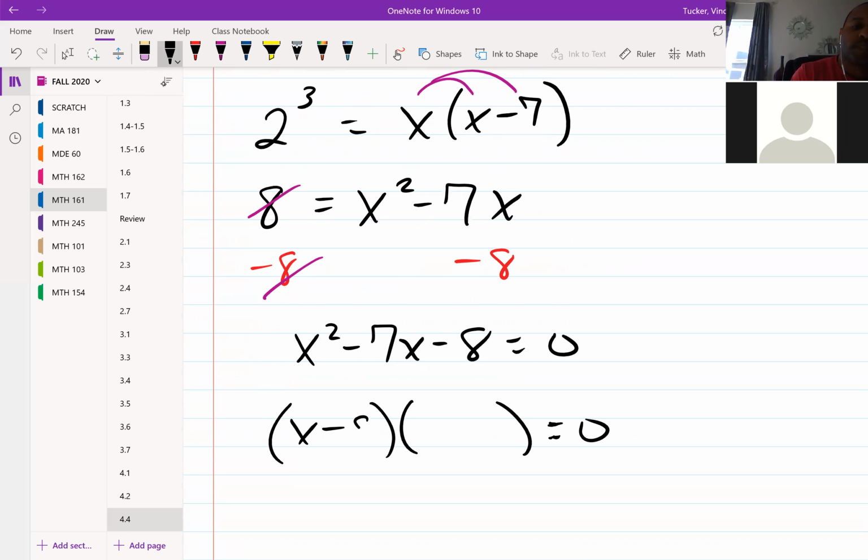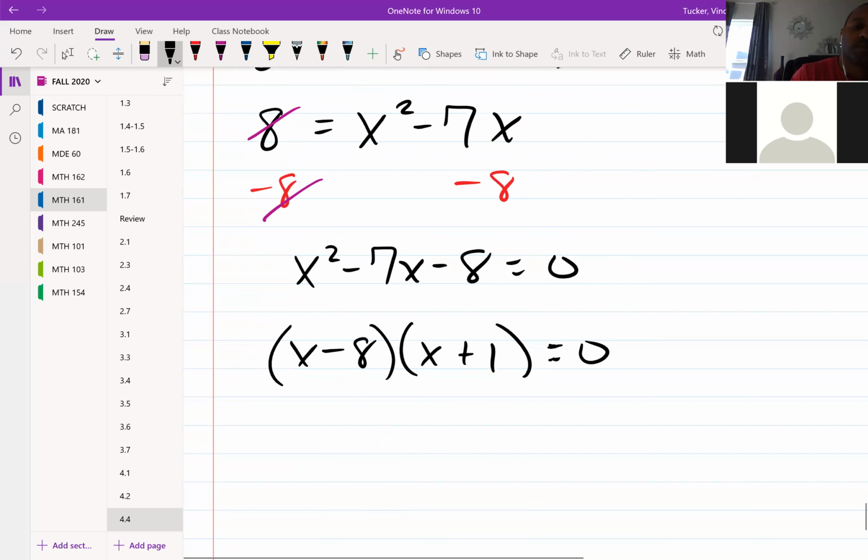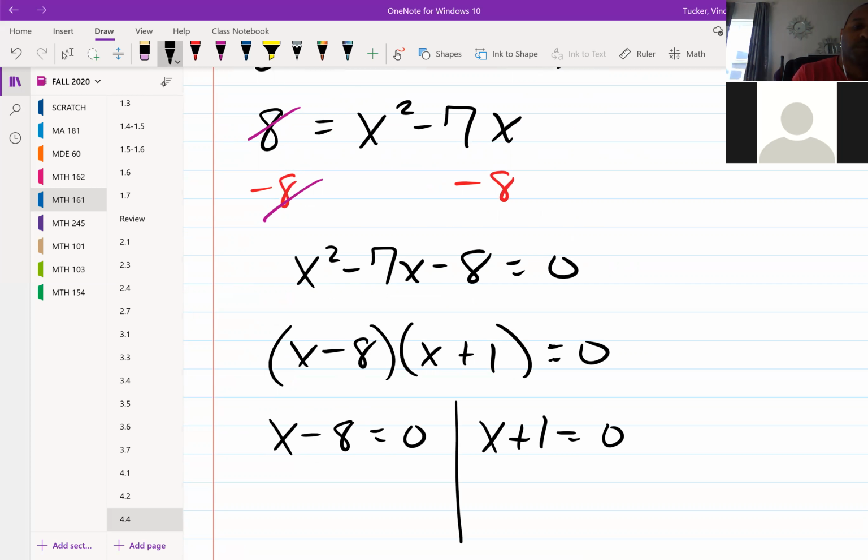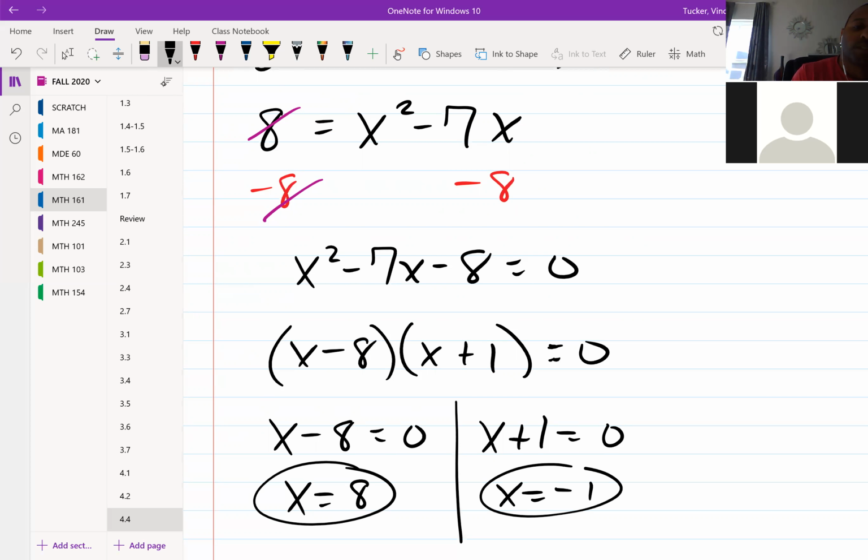That's going to be x minus 8, x plus 1. So each part equals 0. X is equal to 8. X is equal to -1.